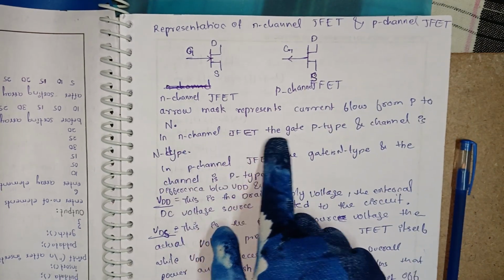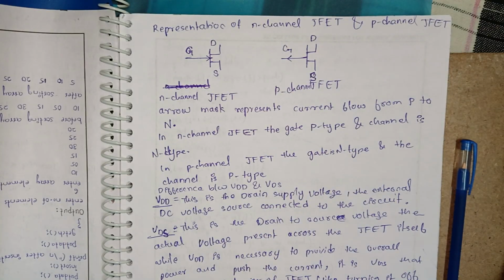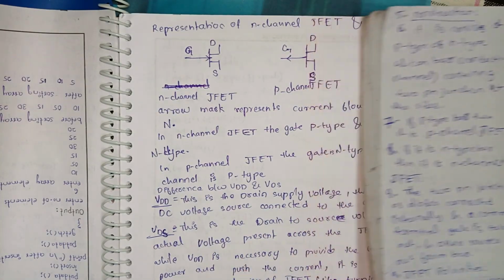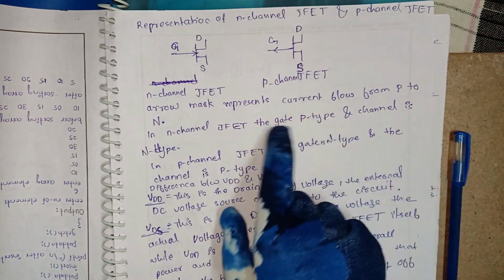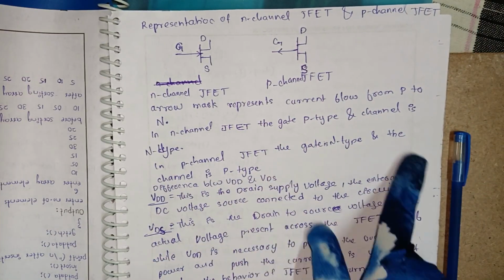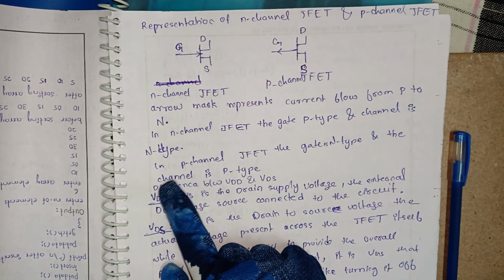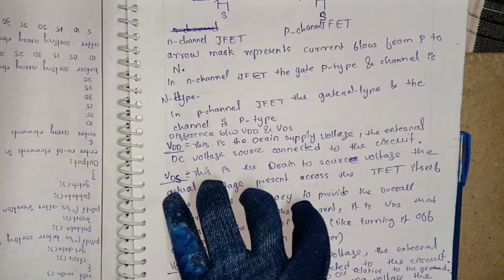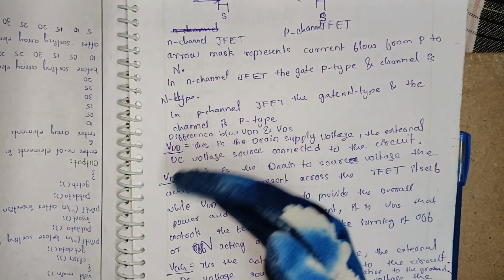In an N-channel JFET, the gate is P-type material, as we have shown in the working, and the channel is N-type, and in a P-channel JFET the gate is N-type and the channel is P-type.